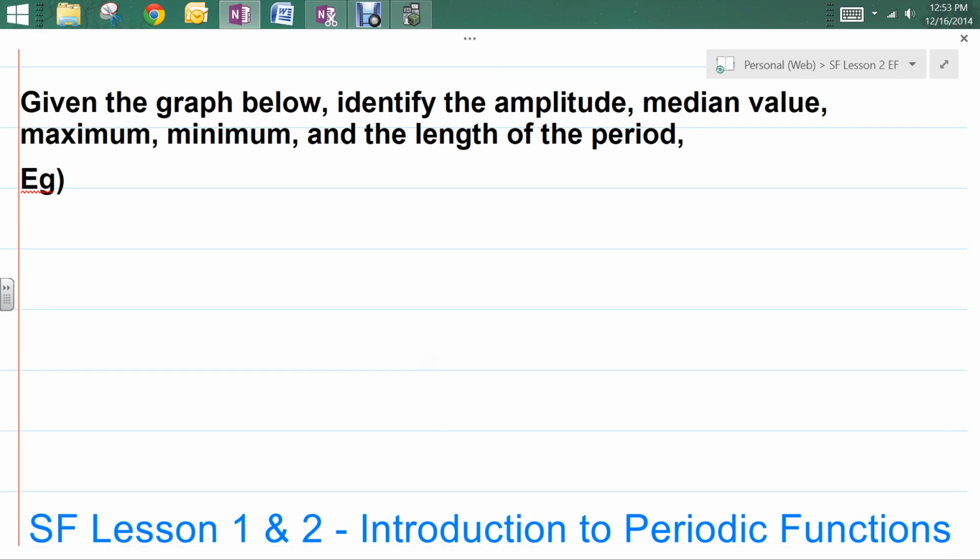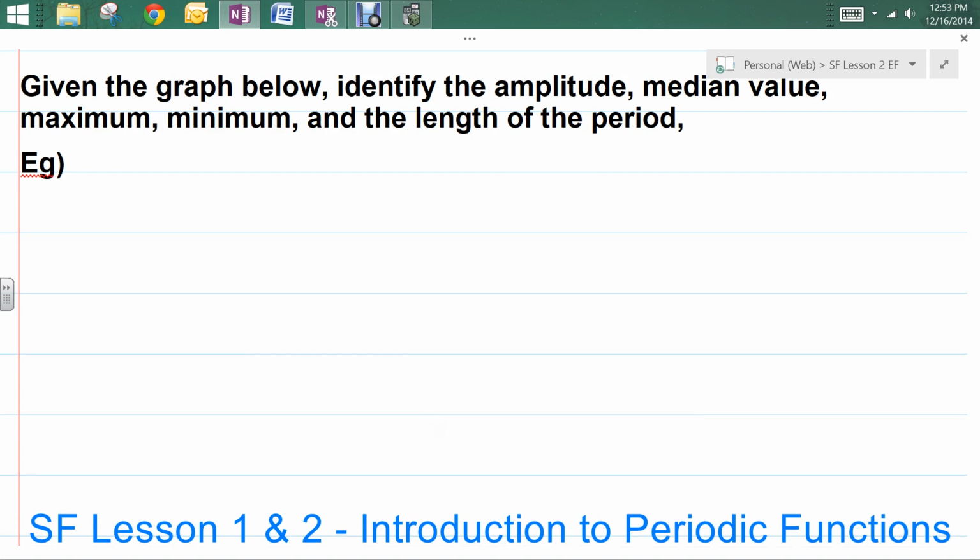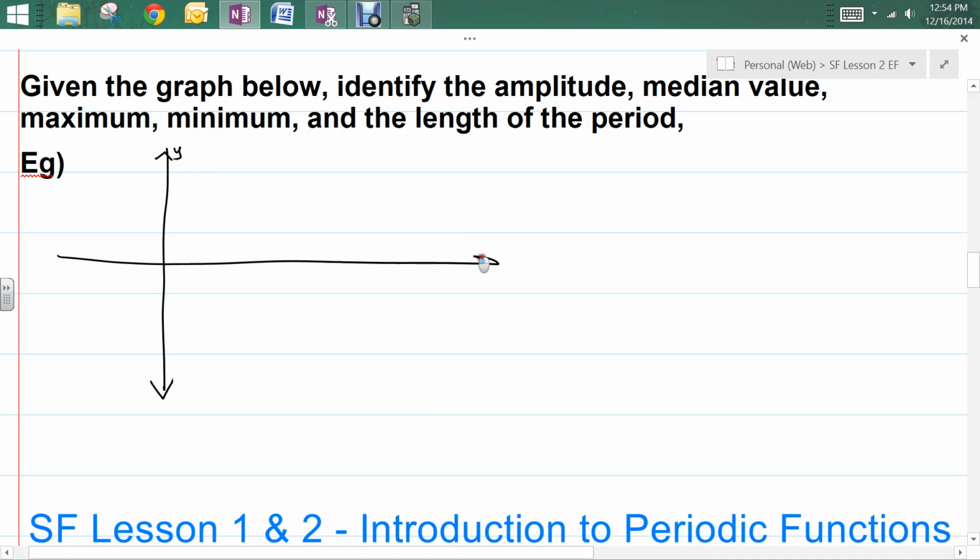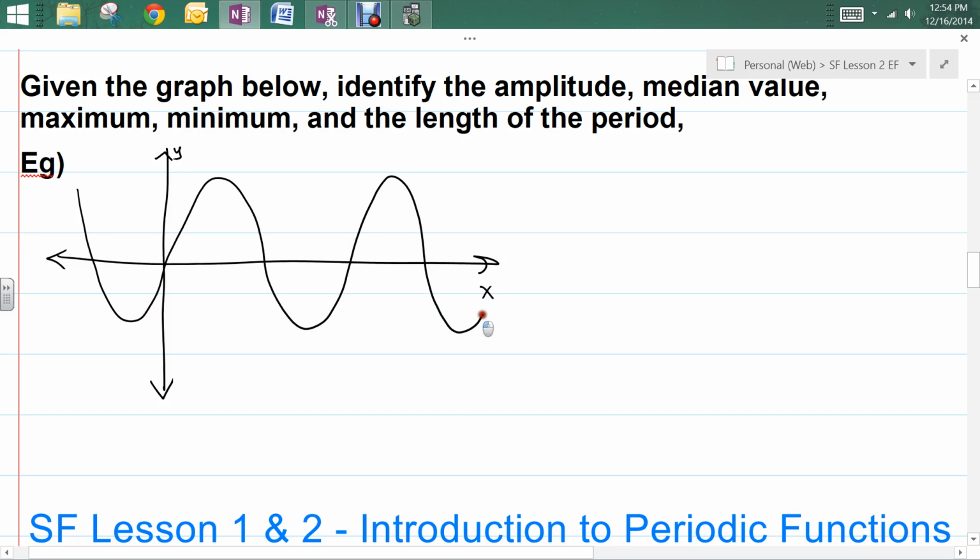So I'm going to just draw a graph, kind of at random. I'm going to give you some points to help us work on this. So I'm drawing a graph here. That's my y-axis. There's my x-axis. I'm drawing a sinusoidal sort of curve. So I've got that. And it's the same at both ends, so I'm putting arrows on it. And I'm just going to give you points.